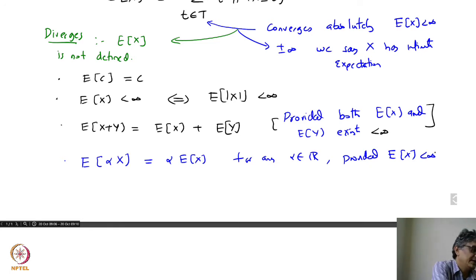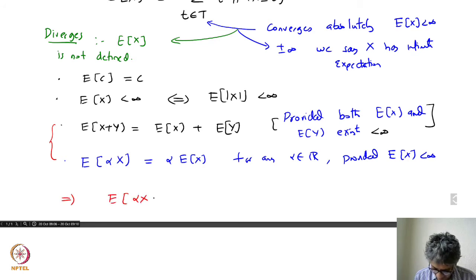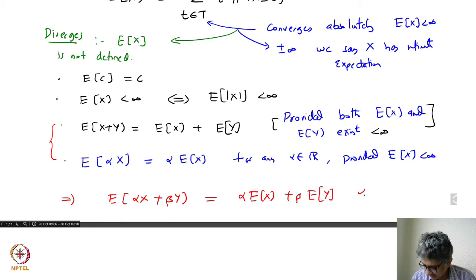Now we'll try to understand how far this can go. For example, it's linear, so these two facts will imply that E of alpha X plus beta Y is equal to alpha times E of X plus beta times E of Y, for any alpha, beta, and provided again E of X is finite and E of Y is finite.